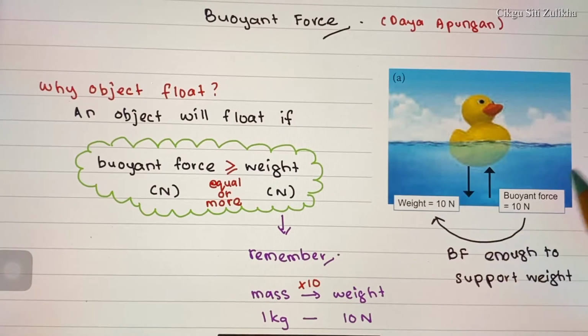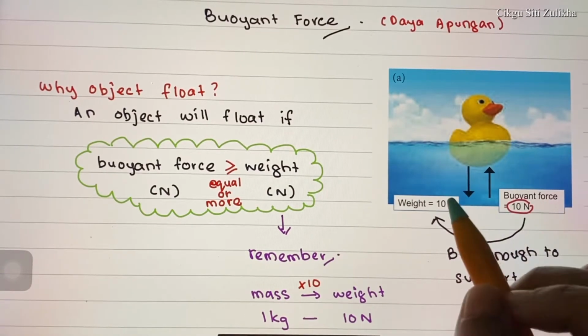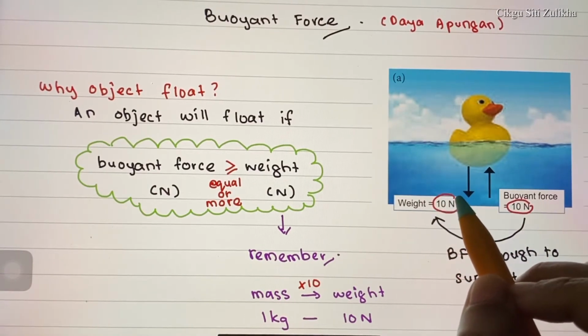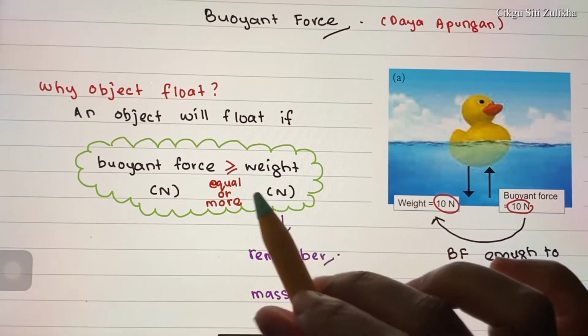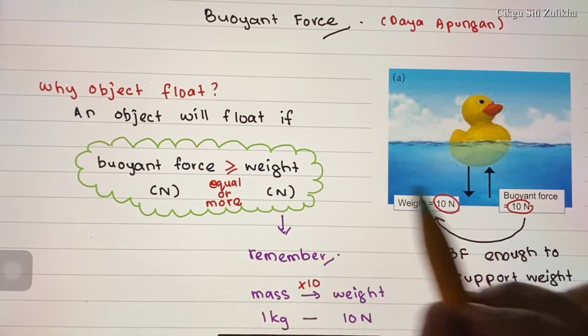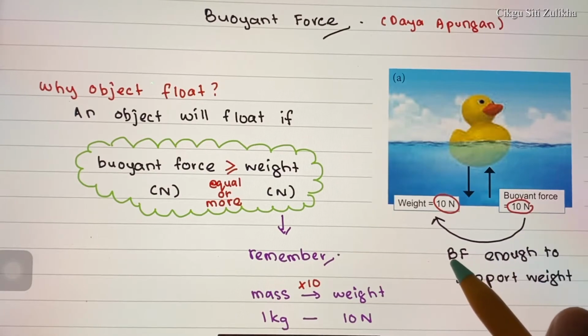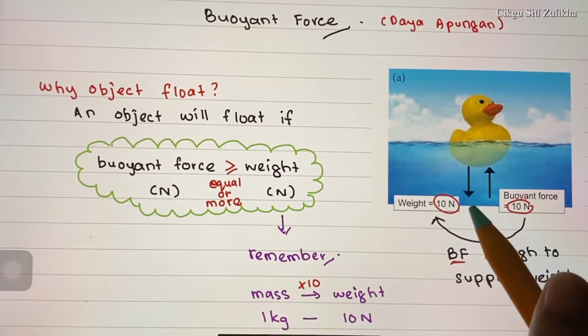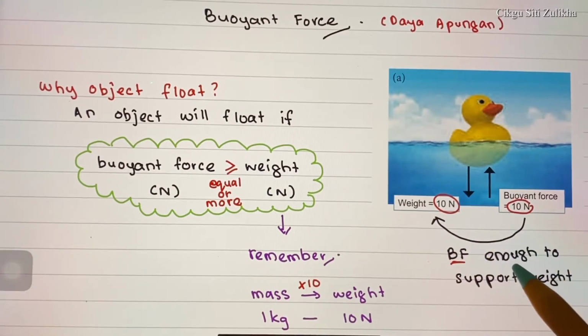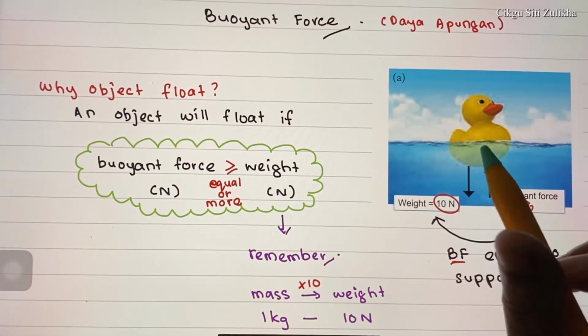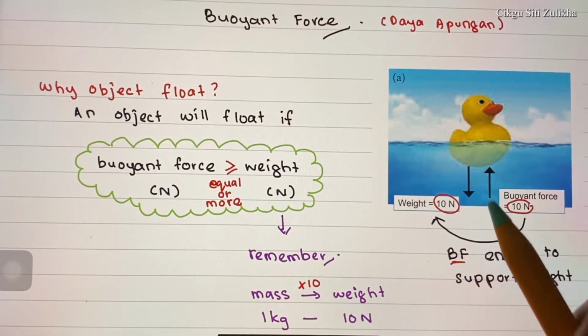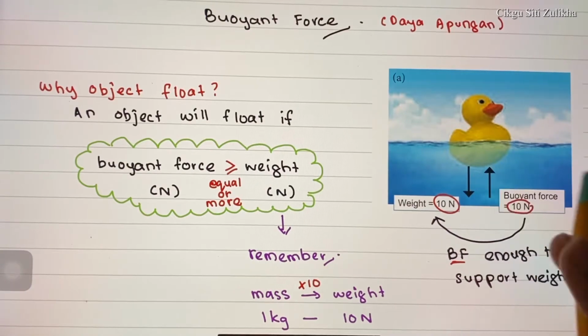So di sini kita tengok buoyant force 10 Newton, weight also 10 Newton. Disebabkan they are equal, maka buoyant force is enough to support the weight. Apabila buoyant force enough to support the weight of this rubber duck, so this rubber duck will float.